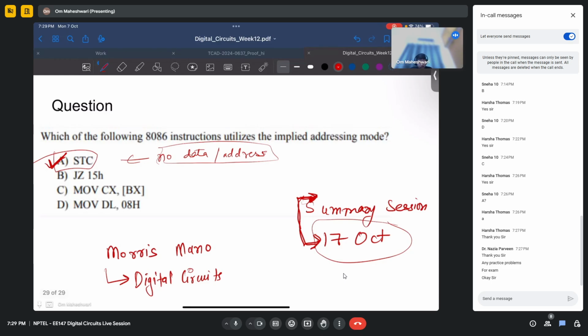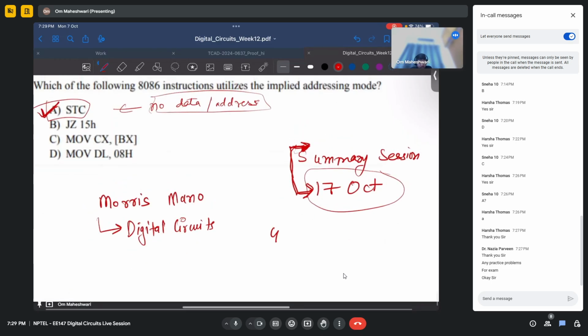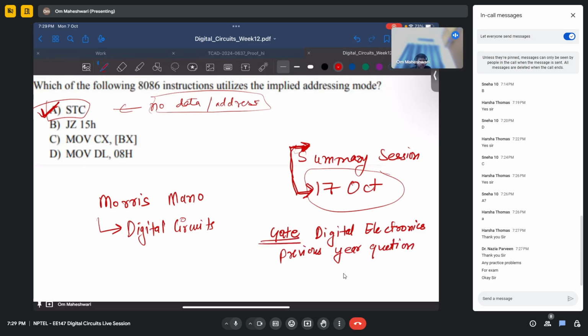Or you can also maybe look at GATE digital electronics previous year questions. If you are preparing for some competitive exam, it is better to look at this.